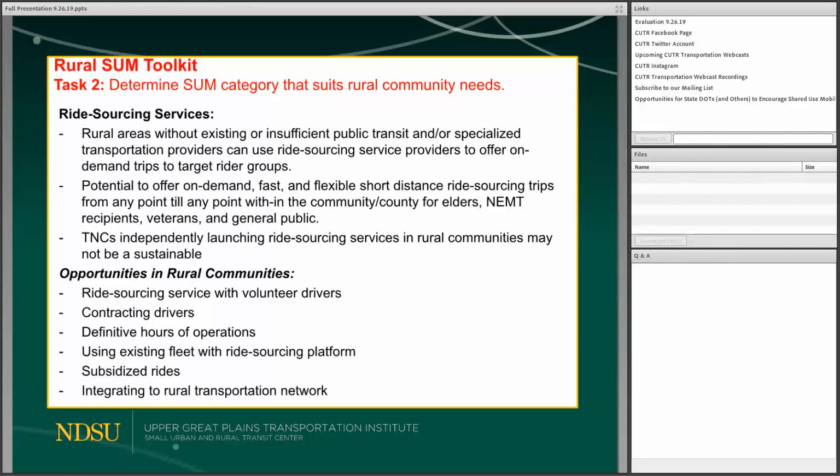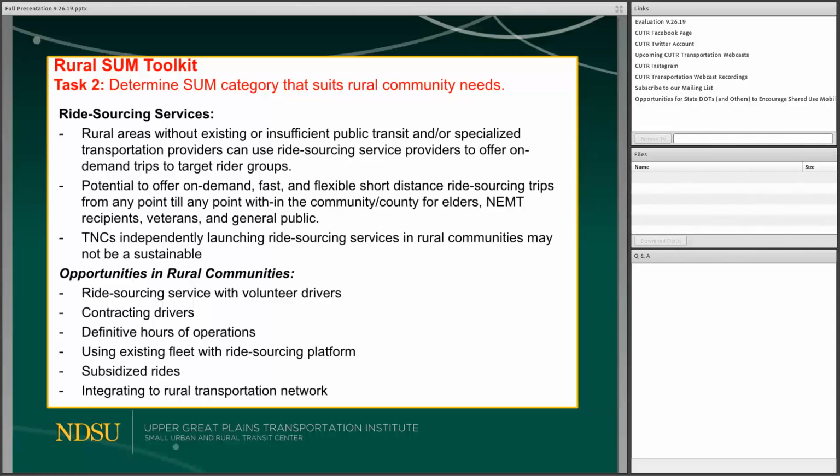If you look at ride sourcing services in an urban setup, they could operate by themselves and could gain profit. But in rural communities, there is not much demand for ride sourcing services.